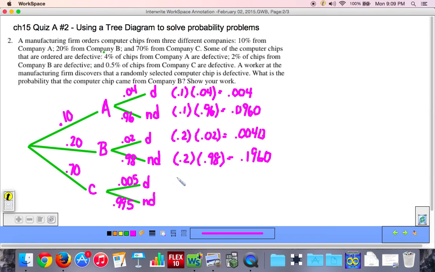The probability that it comes from company C and it's defective. And the probability it comes from company C and it's not defective.